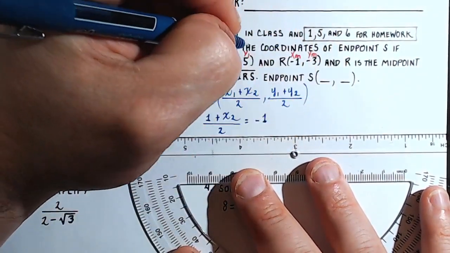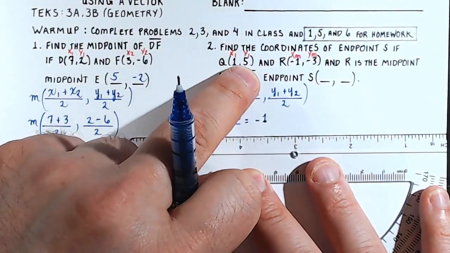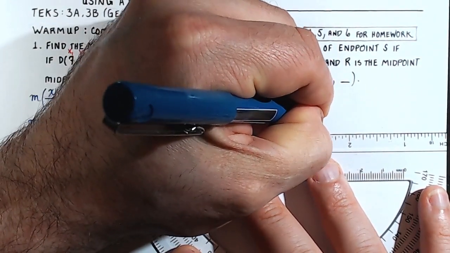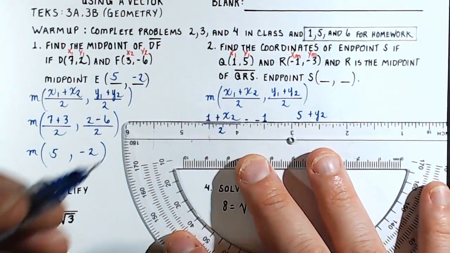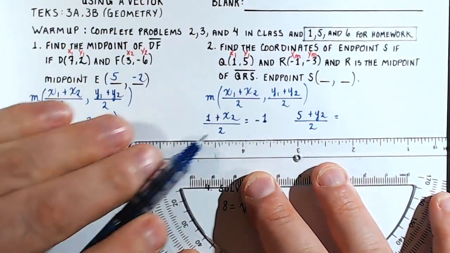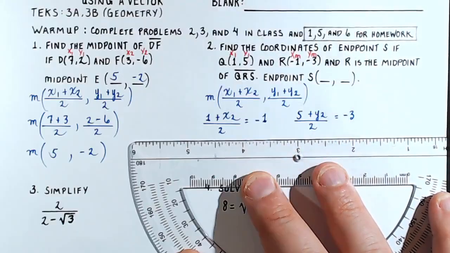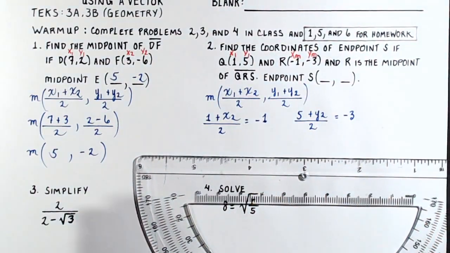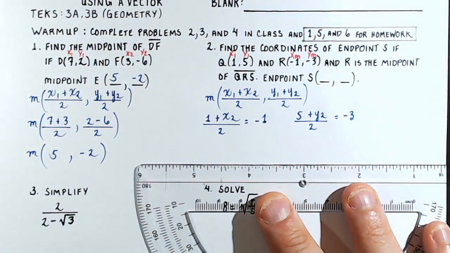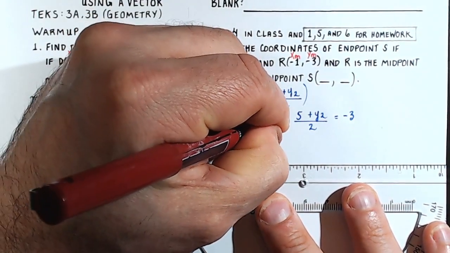For y, we already know what y1 is, so 5 plus y2 over 2 equals the y-coordinate of the midpoint, -3. So our task is just to complete these two little equations. To get x by itself, I'll multiply both sides by 2.